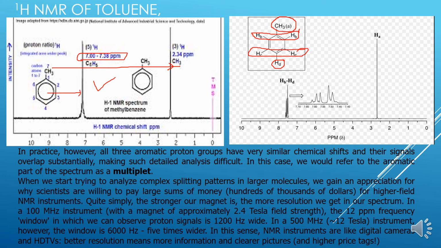The aromatic proton peaks are observed at 7 to 7.38 ppm. The methyl group of toluene is observed at 2.34 ppm, a more shielded region. CH3 groups are observed in the more shielded region, and aromatic protons are observed in the less shielded area.